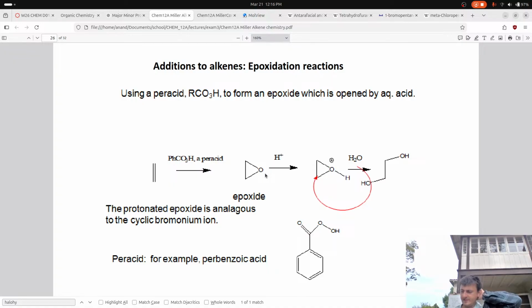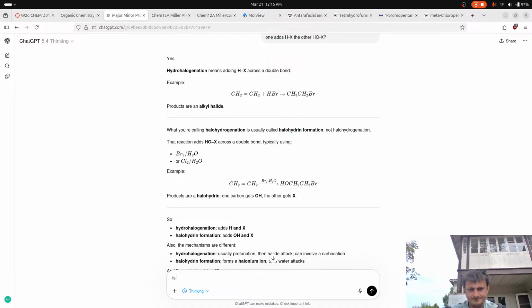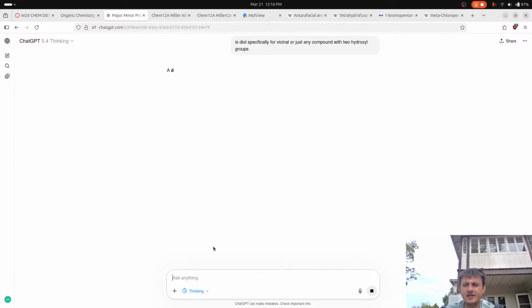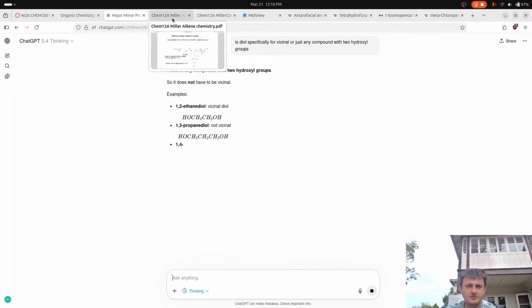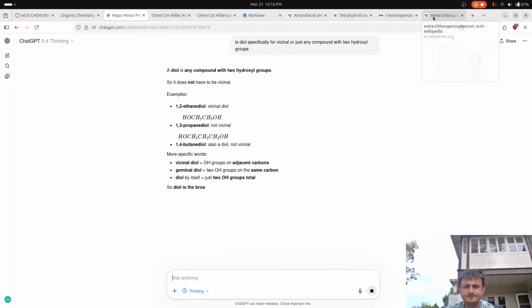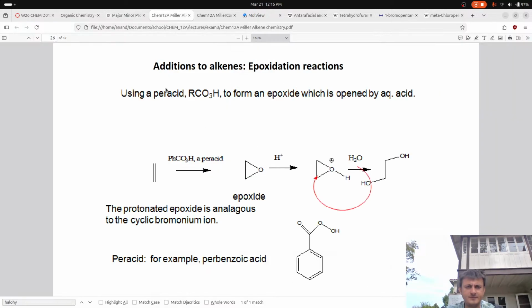So here we can make a diol. Is diol specifically for vicinal? I'm pretty sure that diol just means any compound with two hydroxyl groups.